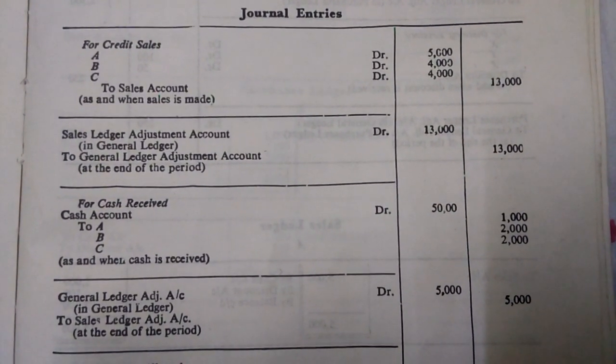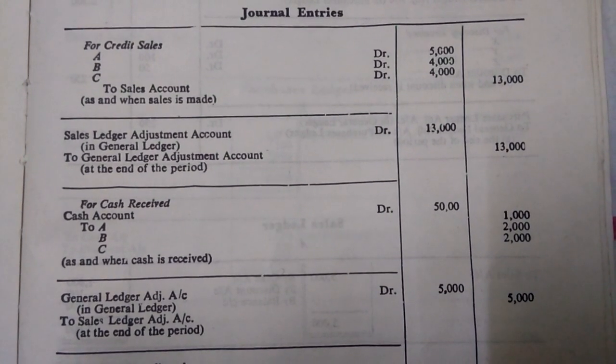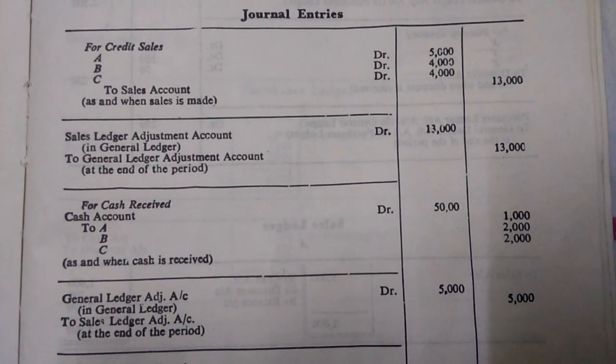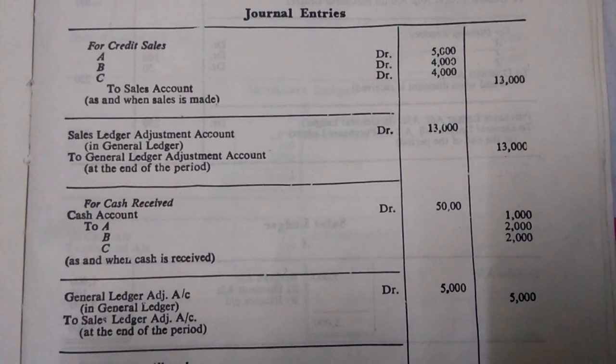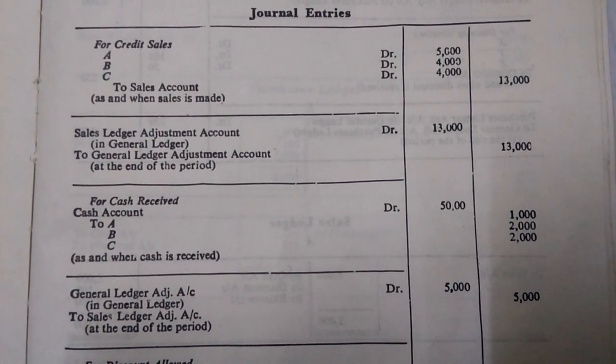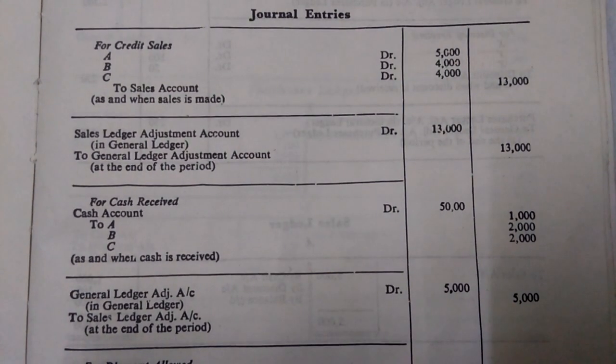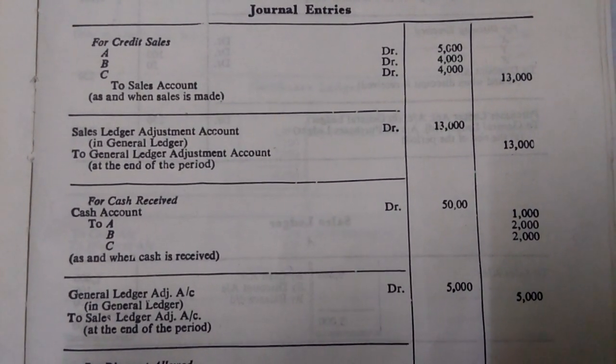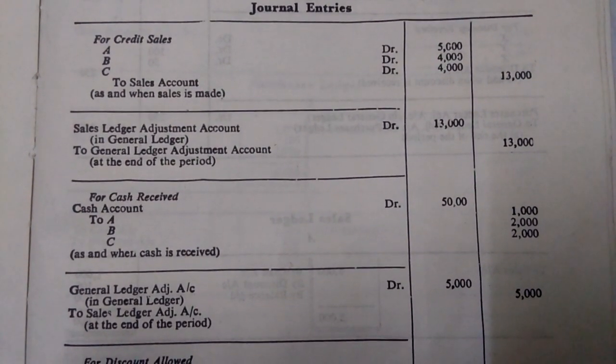First, try to write for credit sales: A account debtor, B account debtor, C account debtor to sales account 5,000, 4,000, 4,000, that is 13,000, as and when sales is made.